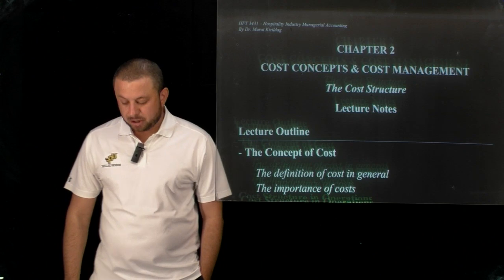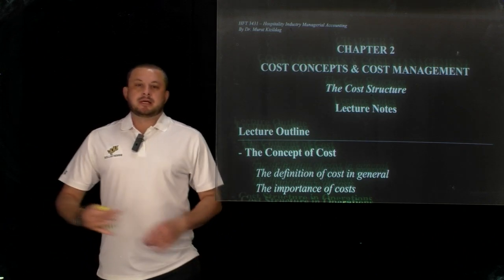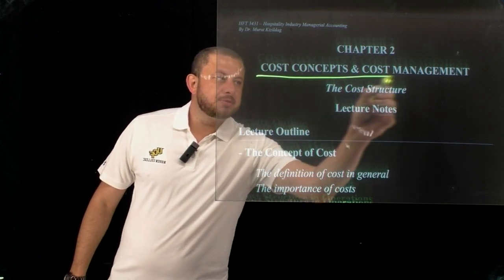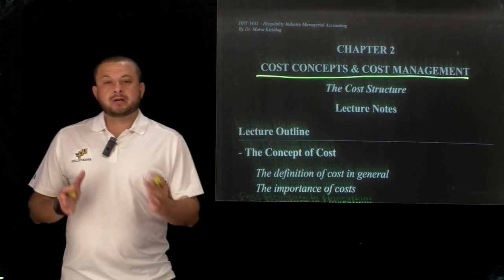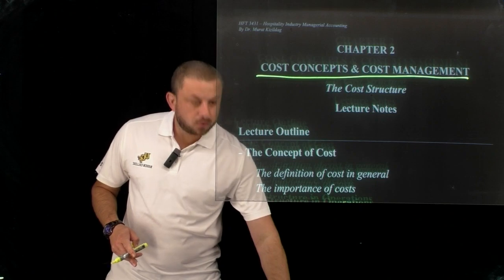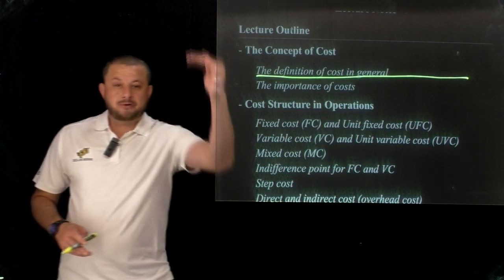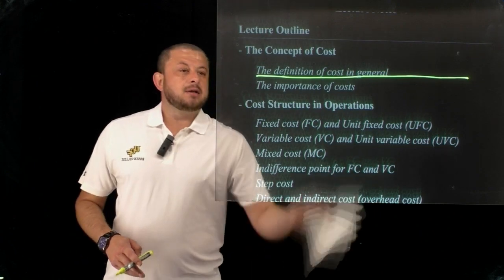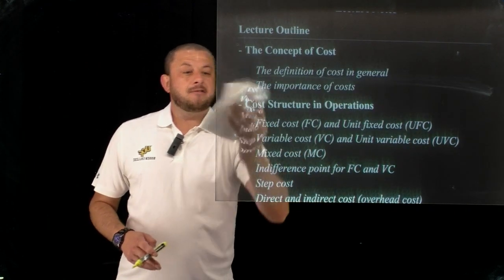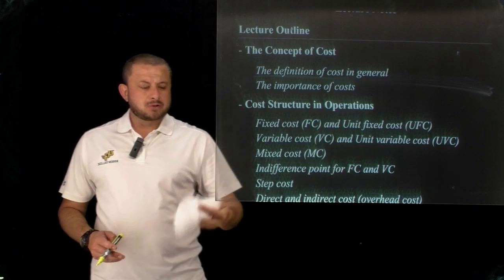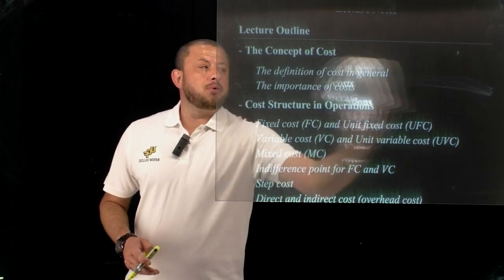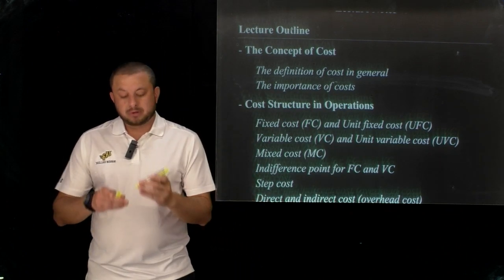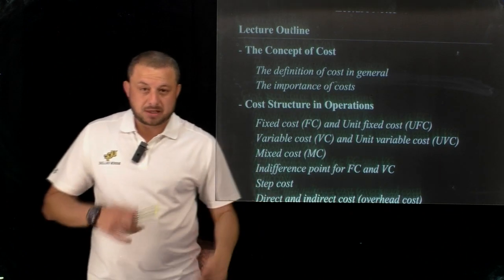Very good. All right, what we're going to do today, chapter 2, is all about cost concepts and cost management. We are going to learn a whole bunch of stuff. The first page is always a lecture outline. We will talk about the concept of cost and the different components of cost: fixed cost, variable cost, and mixed cost.